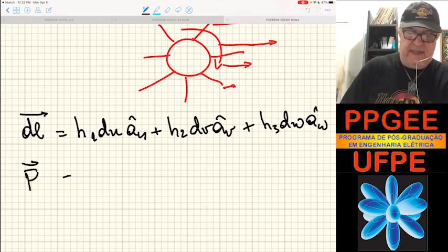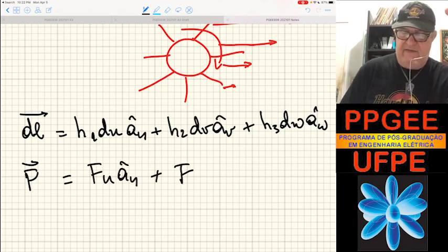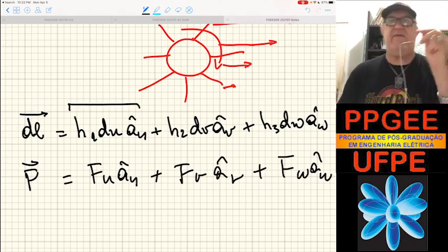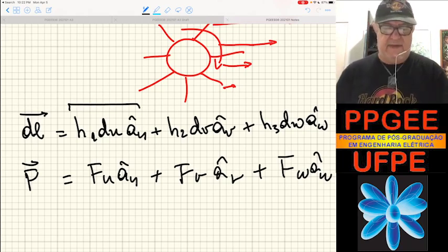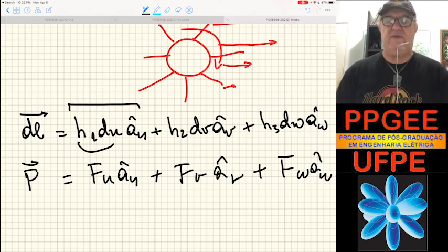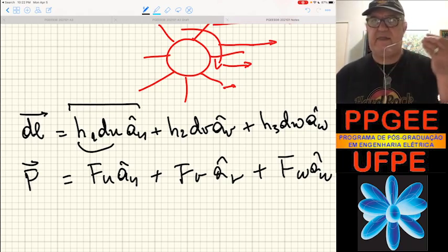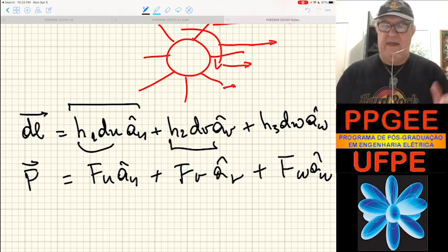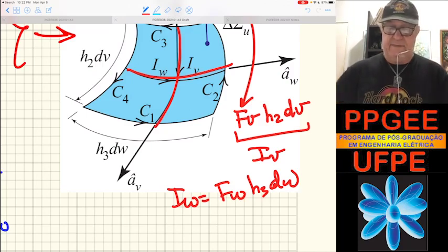F has 3 components again, right? FU AU plus FV AV plus FW AW. So if I want to calculate only on this segment here in which just U changes, V and W are constant, you're going to have FU H1 du. If you are in the second segment in which U and W are constant, you have FV times H2 dV and so on. That's why we are having this IV and IW, right?